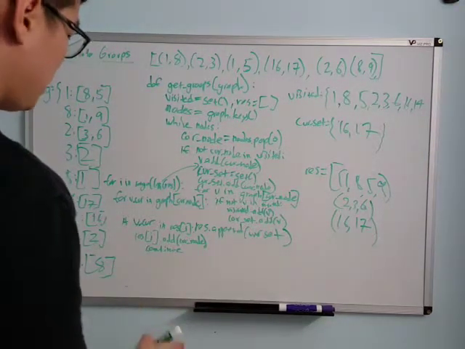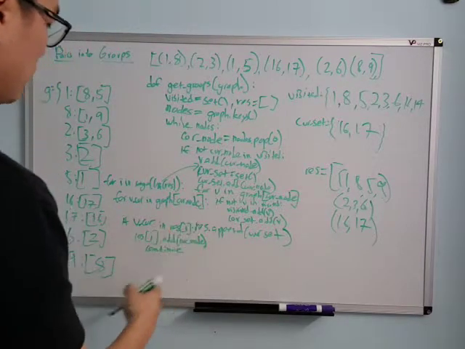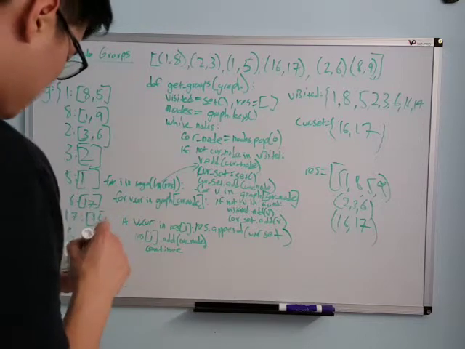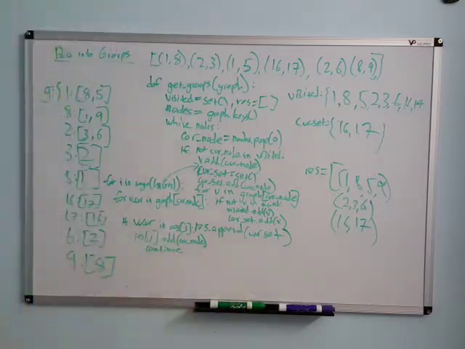And then continue, which would mean we go on to the next iteration. I need to make sure that that syntax, or that continue, works.